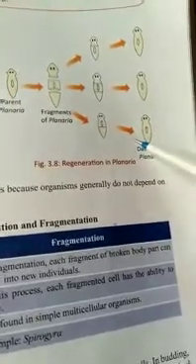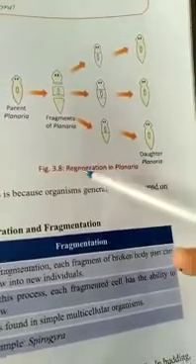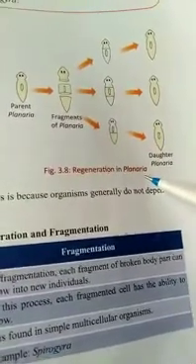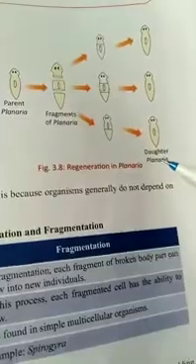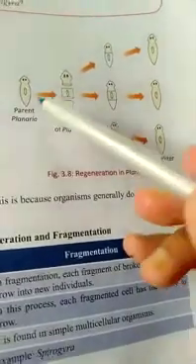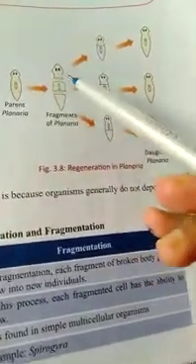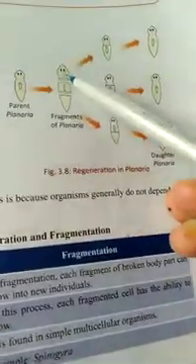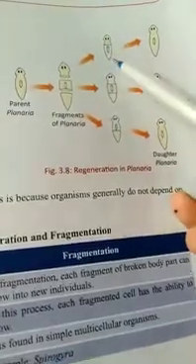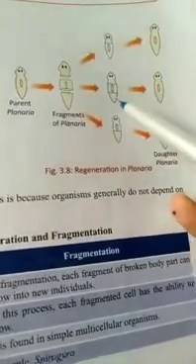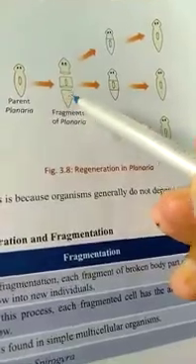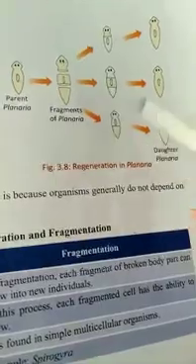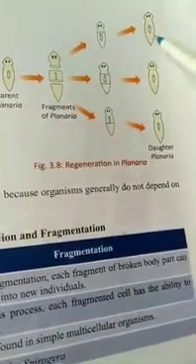However, some multicellular organisms have the ability to do this, but here we will study regeneration in planaria. In regeneration, if an individual is cut or broken into many pieces, see, the parent planaria is broken into many pieces, 1, 2, 3, and from the first piece one new planaria is growing, from the middle piece one new planaria is growing, and from the third piece one more planaria is growing, and ultimately they give rise to normal daughter planaria.